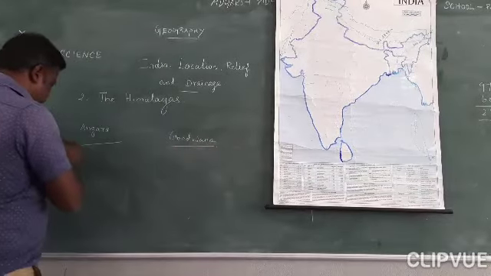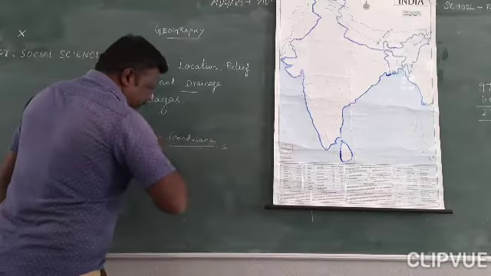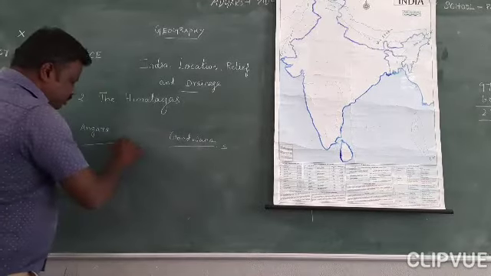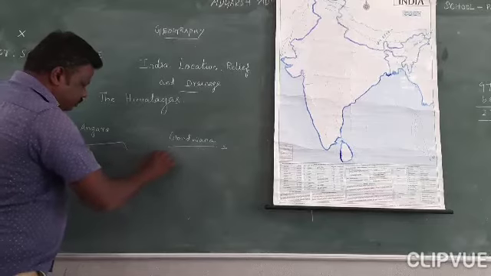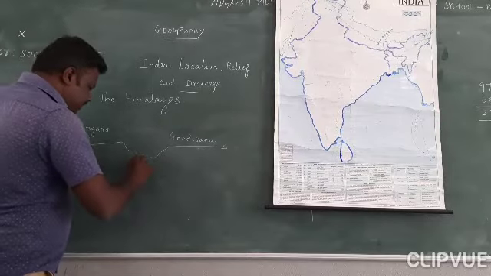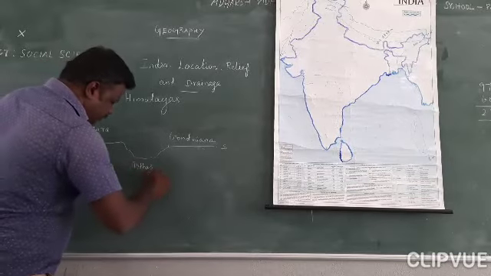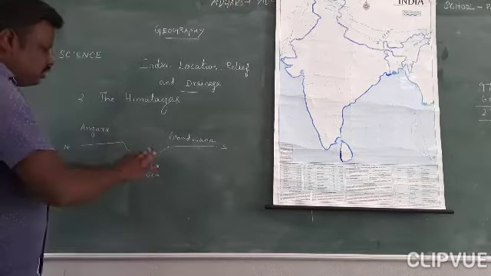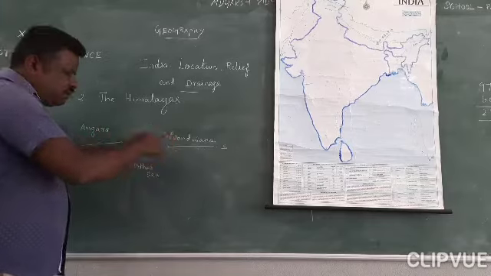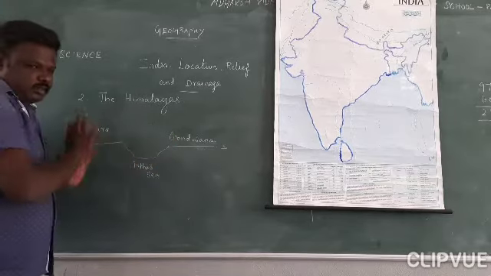This is in the north side, this is in the south side. In between these two landmasses, we have the Tethys Sea. So this is the formation we can see from million years ago.